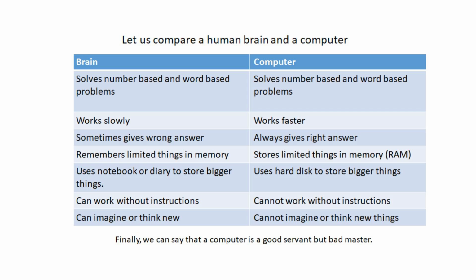Computer cannot work without instructions. Human brain can imagine or think new. Here is the difference between a human brain and a computer. A computer cannot imagine or think new things. So finally we can say that a computer is a good servant but a bad master.